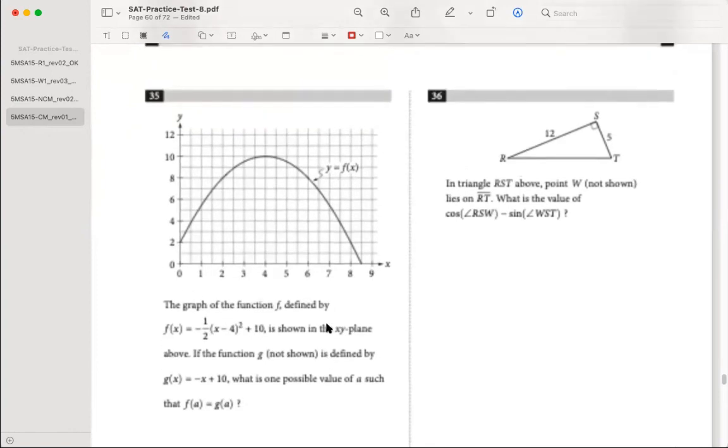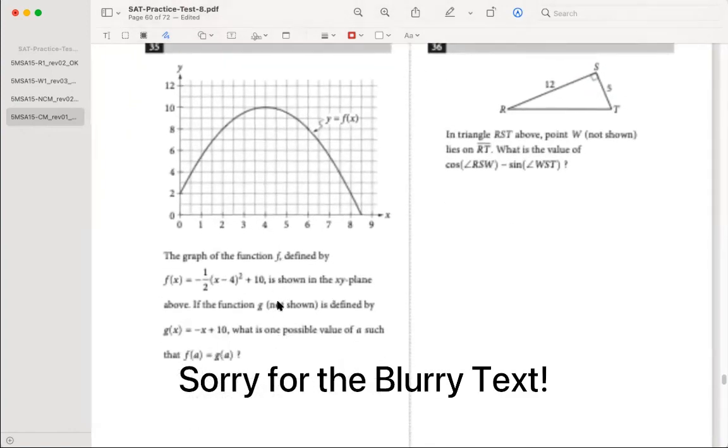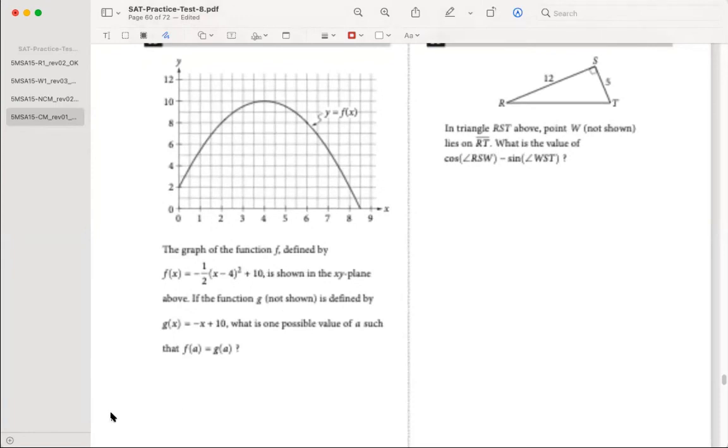Whoa, this one's blurry. I'm not sure how well you're seeing it, but on my end, it's pretty blurry. But anyways, I can make it out. So f of x equals negative 1/2 (x minus 4) whole squared plus 10, g of x equals 9.